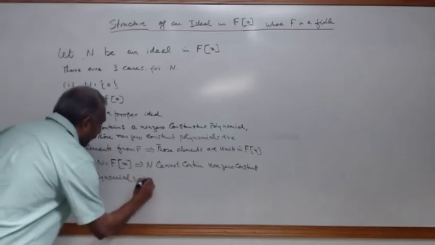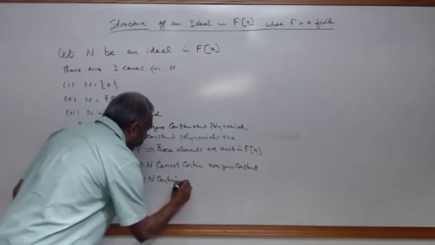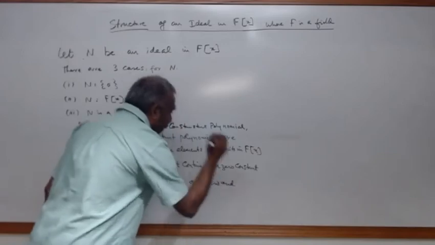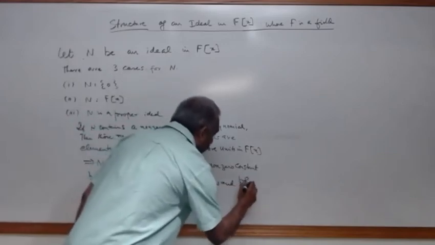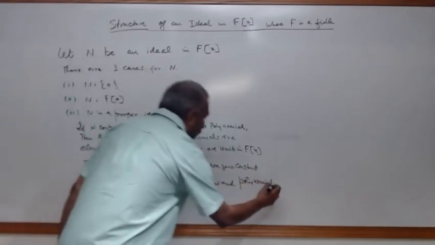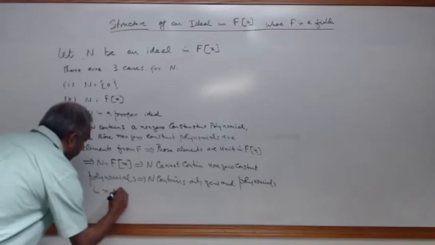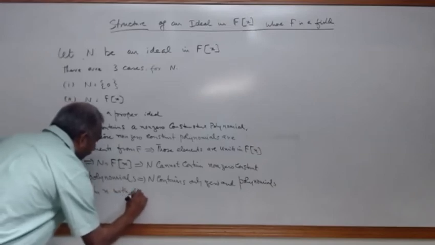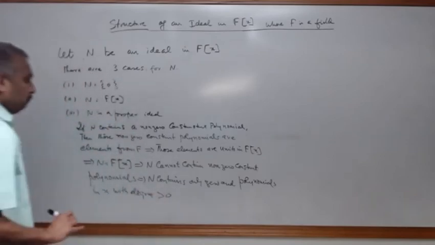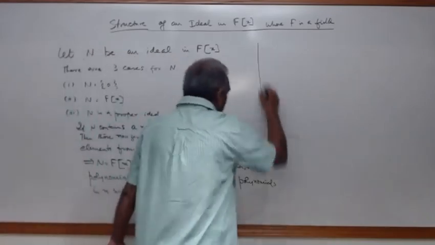In other words, N contains only 0 and polynomials in x with degree greater than 0.